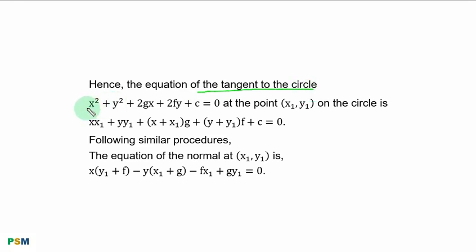Hence, the equation of the tangent to the circle s squared plus y squared plus 2gs plus 2fy plus c equal to 0 at the point s1, y1 on the circle is s times s1 plus y times y1 plus bracket open s plus s1 bracket close times g plus bracket open y plus y1 bracket close times f plus c equal to 0.